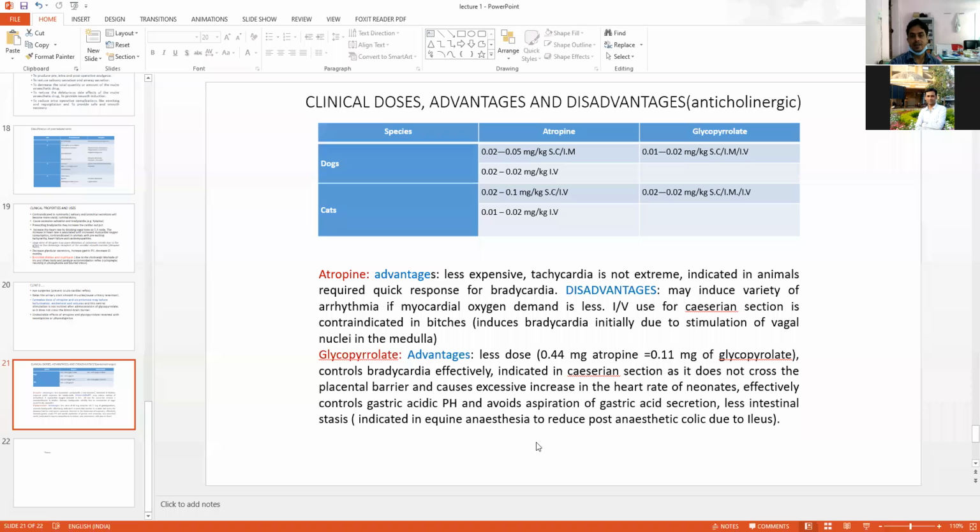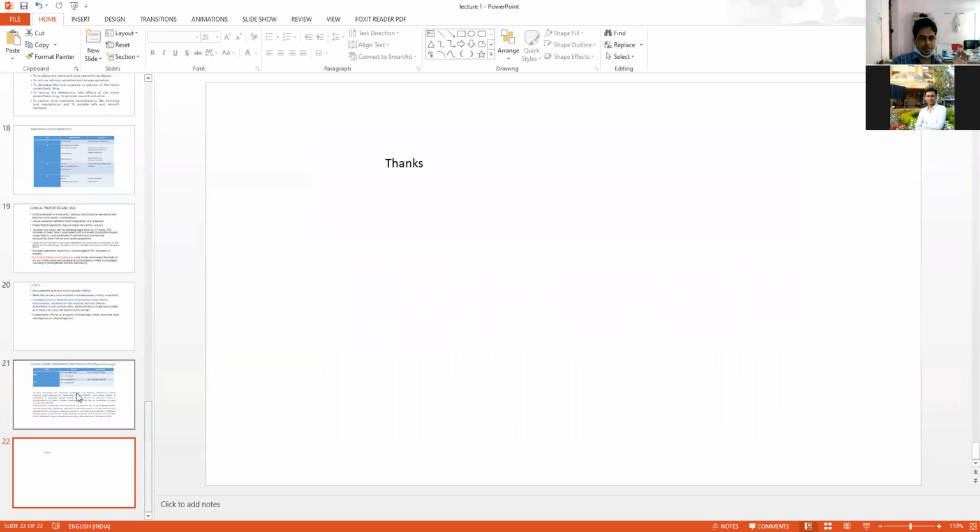That's why it is indicated in equine anesthesia to reduce post-anesthetic complications, but this course is mainly related to dogs and cats. So this point is for equine, but glycopyrrolate has this property because it has less intestinal stasis. So you have to remember these things. Now, thanks. Any questions?